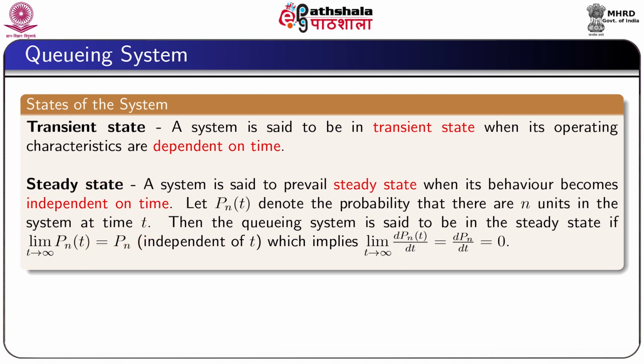Then the queuing system is said to be in the steady state if the limit as t tends to infinity of P_n(t) equals P_n, which is independent of time t. This implies that the limit as t tends to infinity of dP_n(t)/dt equals dP_n/dt equals 0.